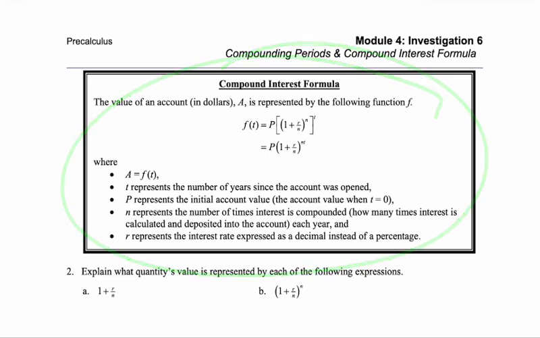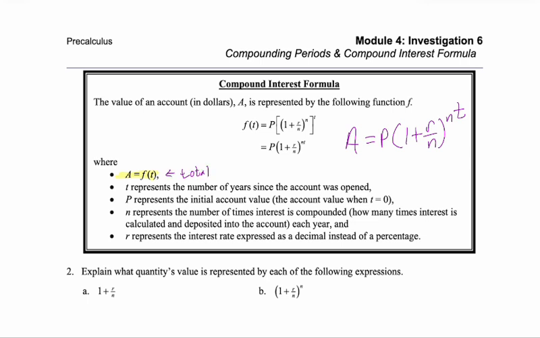So now if you could roll down, please, to this. And this is going to be our formula. I'm going to write it bigger to the side here. A equals P times (1 plus r over n) to the nt. Okay. So A is our final amount in the account, our ending total in the account. t represents the number of years. P represents that initial value.